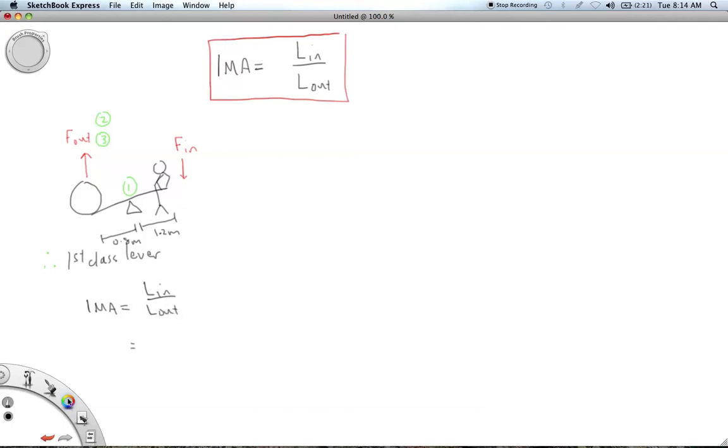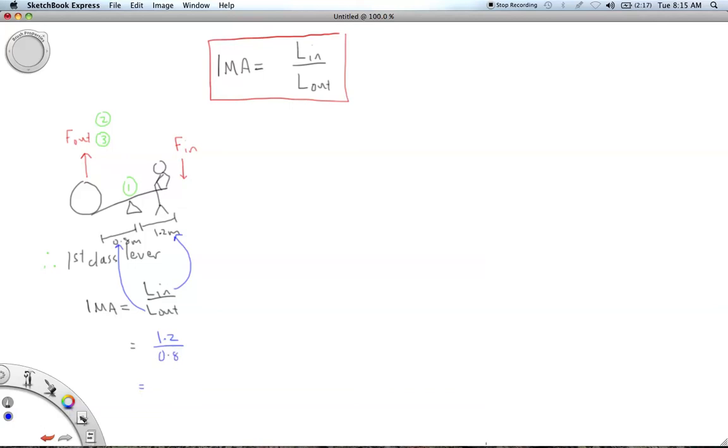Well, the length of the input arm, let's use blue here, that's going to be here. And that's actually the gap between the fulcrum and the input force. So that's going to be 1.2 meters. The output arm is the distance between the fulcrum and the output force, which is 0.8.